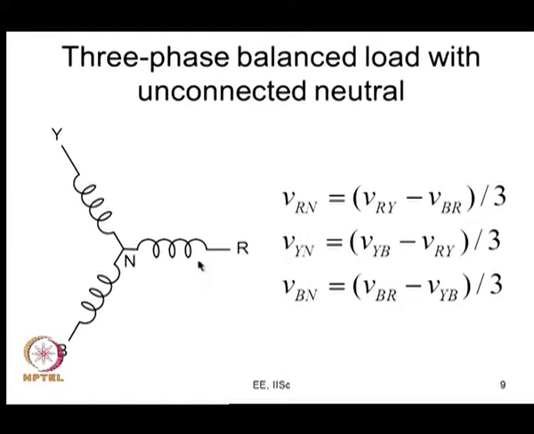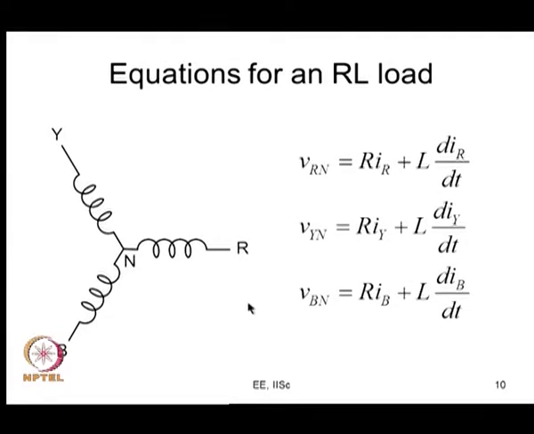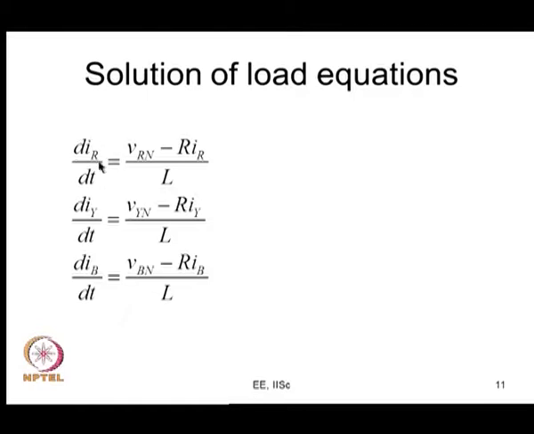So, you can now also have the line to neutral voltages for the 3 phase load. If we are considering an RL load, for example, this VRN, VYN and VBN are fed to the load. If the load happens to be an RL load, as I mentioned previously, this is the circuit equation. So, you can solve the circuit equation, that is dir by dt.